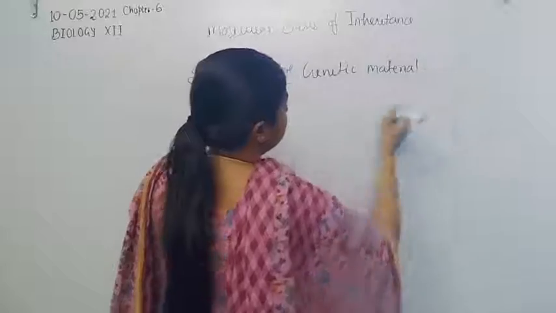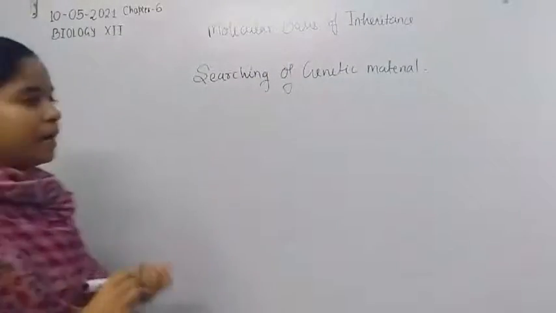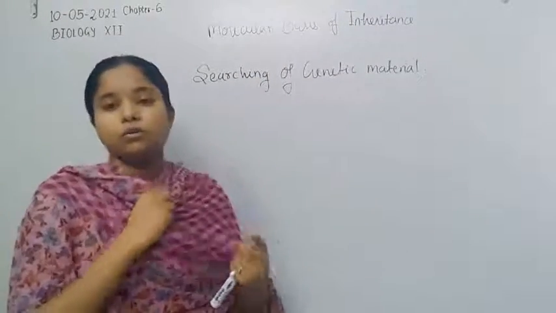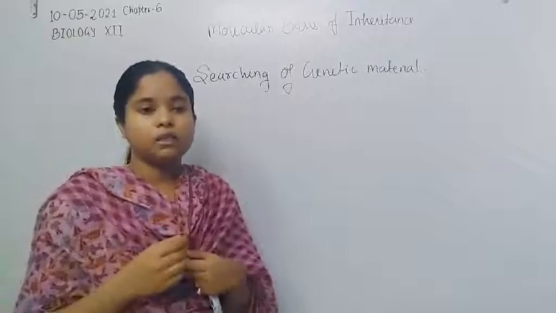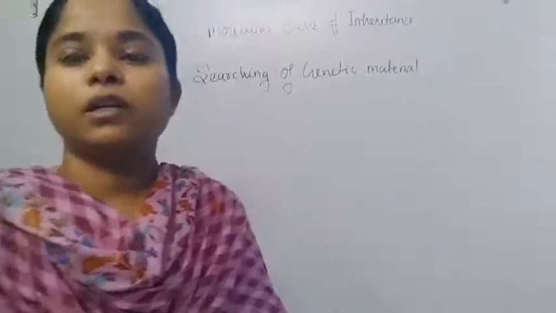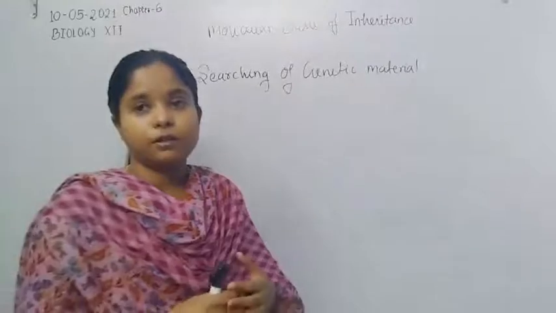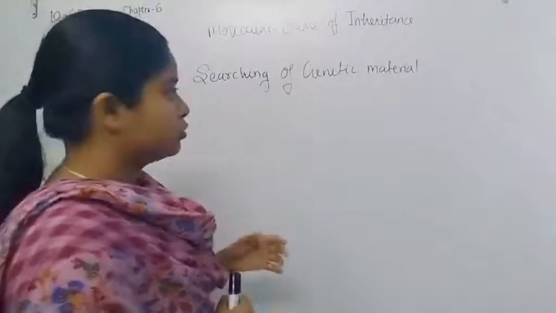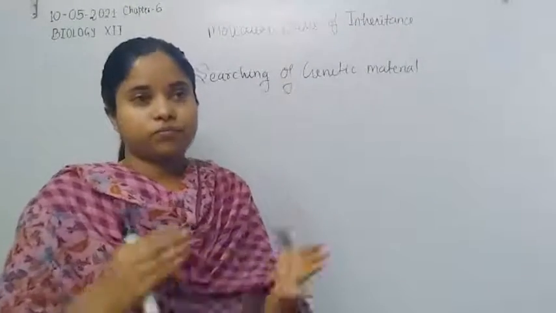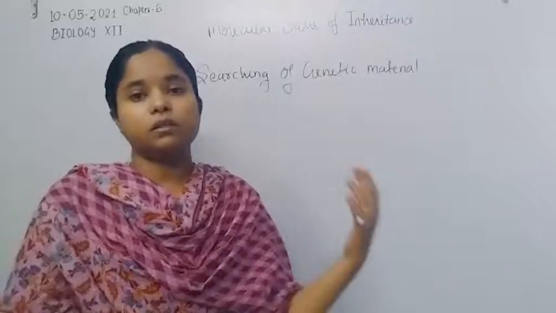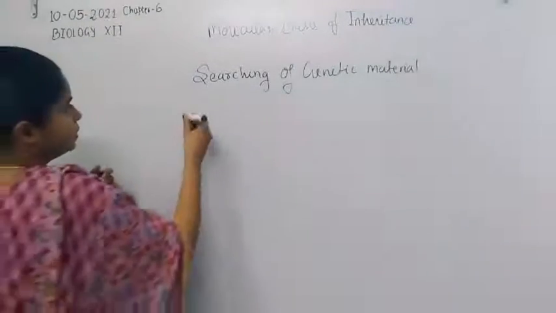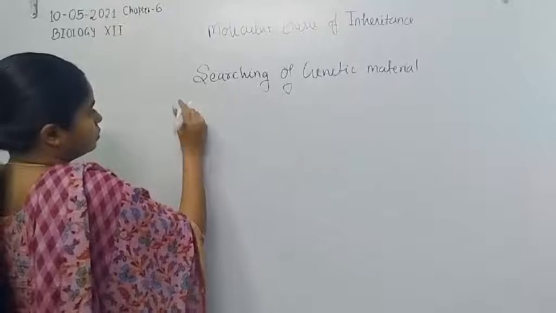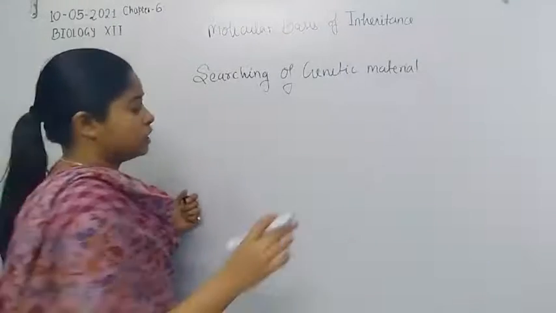Genetic material was investigated by different scientists. At that time, in 1928, Frederick Griffith was conducting many experiments, and he gave the transforming principle.